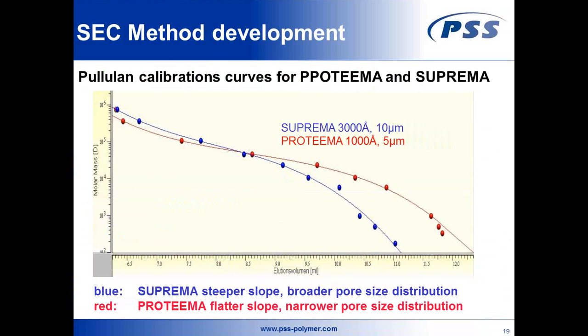The red calibration curve for the Protima 1000 angstrom column shown here is much flatter than the slope of the calibration curve for the Suprema column, which is much steeper. And when your calibration curve runs much flatter, your resolution increases dramatically, and this is what was reflected in the monomer, dimer, trimer separation for the proteins as shown on the slide before.